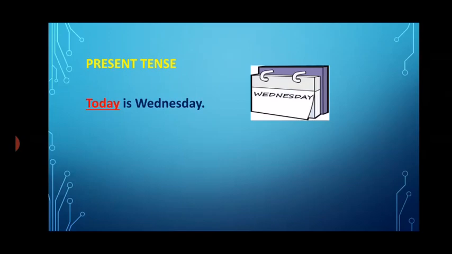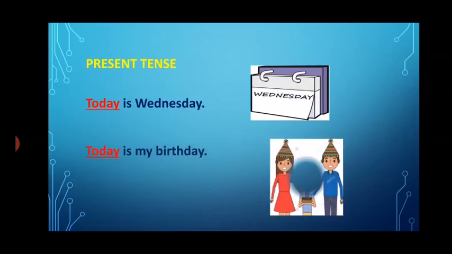You will say, today is my birthday. Okay, so today. What is the meaning of today? Today means present tense. So, when we are talking about present tense, we use the word today.